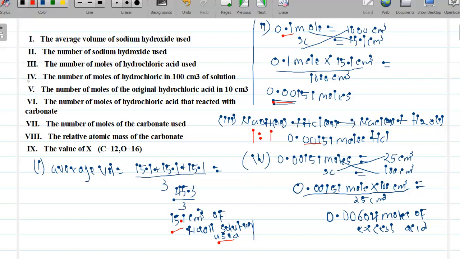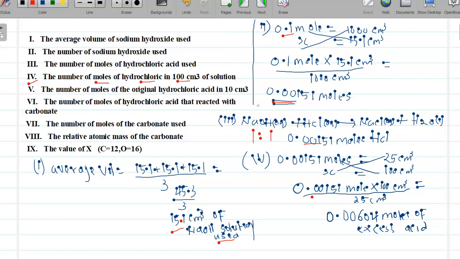We have question Roman 4. Question Roman 4 is asking the number of moles of the hydrochloric acid in 100 centimeter cubic of solution. So to calculate that, what do you do?